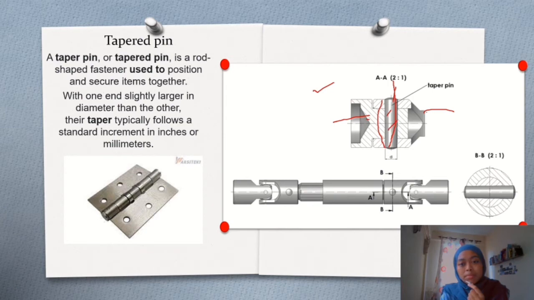The same concept can be seen in the door hinge in the diagram. This is the first part and this is the second part, and there is a hole, and a tapered pin is inserted in this hole to combine these two parts together.